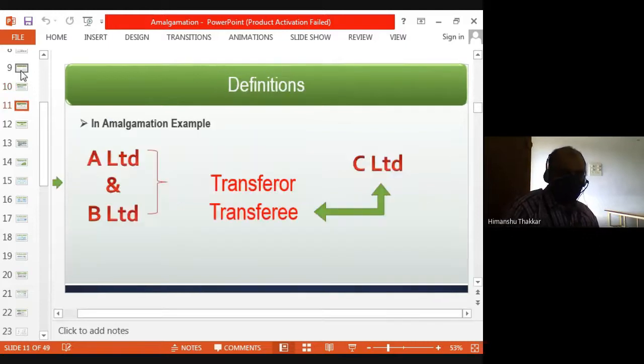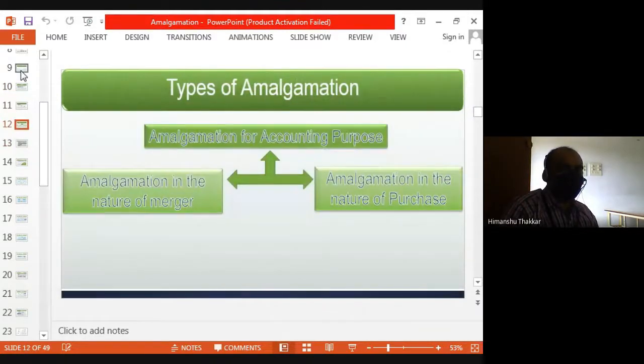Now, when it comes to the first category, that is, you need to prepare the balance sheet. Now you have to prepare balance sheet using two accounting methods. The first accounting method is if the amalgamation is assumed to be in the nature of merger. And the second is amalgamation in the nature of purchase.